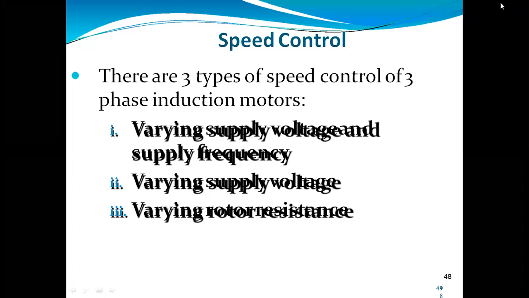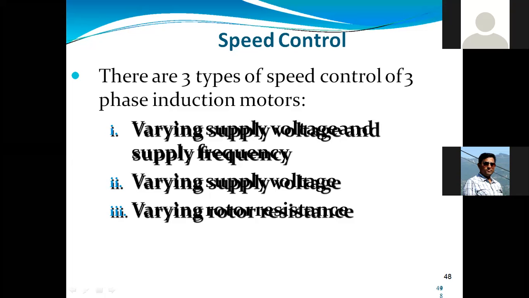When we have the equations for torque and for N_s, we have the relation between N_s and capital N, because we have the formula for slip. Slip is the ratio of N_s minus N upon N_s.